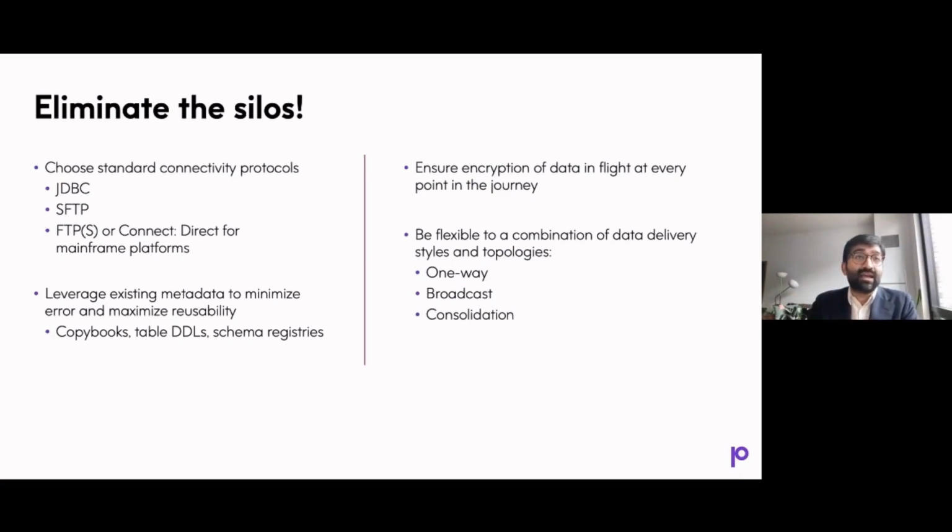The other thing I would say when it comes to eliminating silos is leverage existing metadata wherever possible. This is really important, right? And especially in the mainframe context, I would say there's no way around the problem if you can't leverage existing metadata. So that means leveraging things like copybooks.